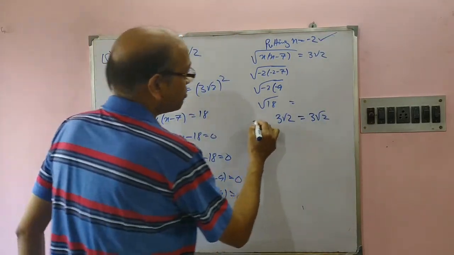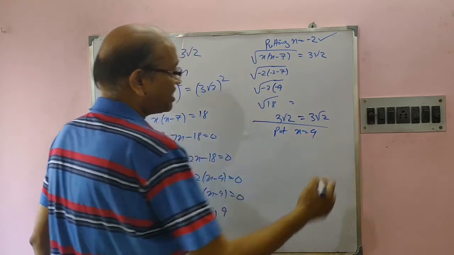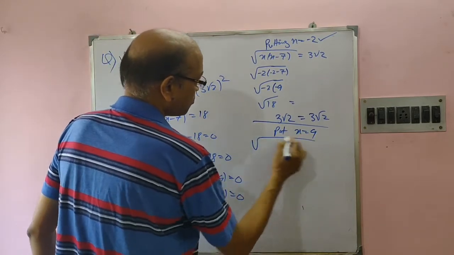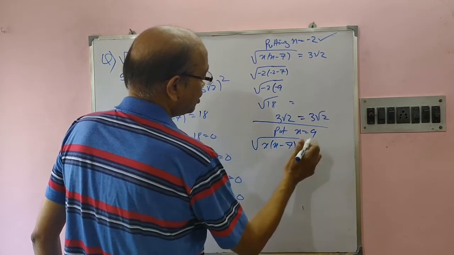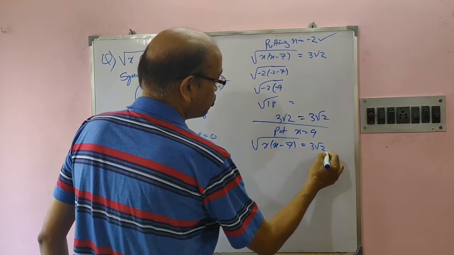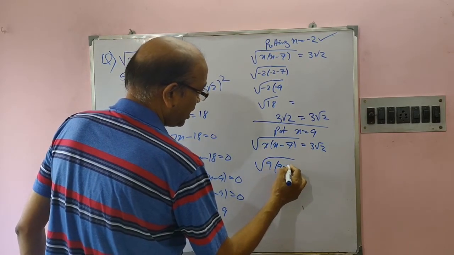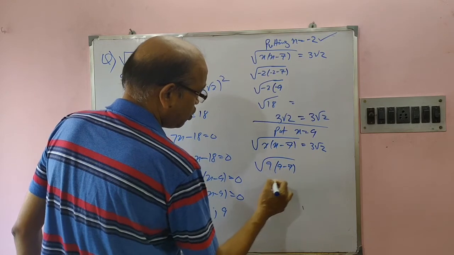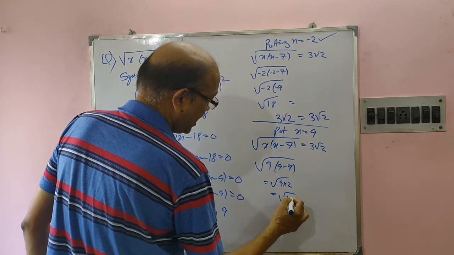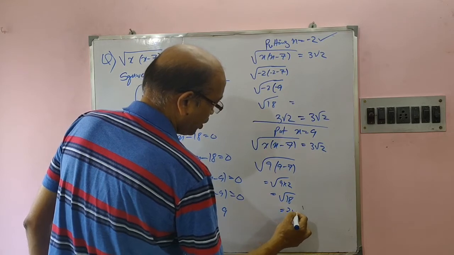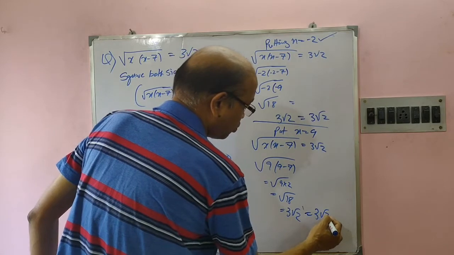Now let us put x equals 9 and see in the equation. Root of x into (x minus 7) is equal to 3 root 2. Now put it here: 9 into 9 minus 7, which is 9 into 2, which is root 18, and that is also 3 root 2, which is also on the right hand side, we got 3 root 2.